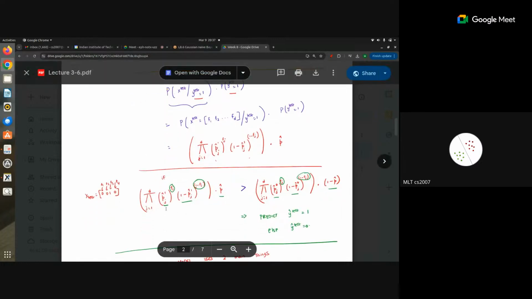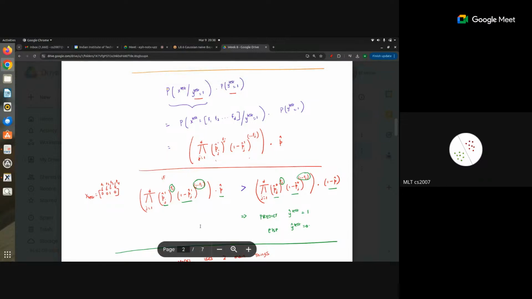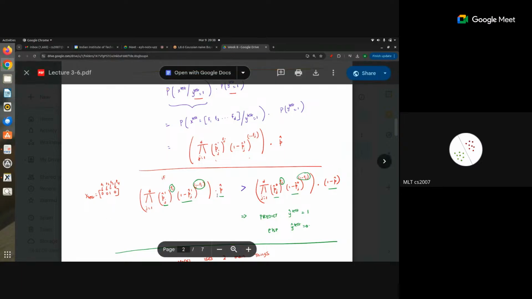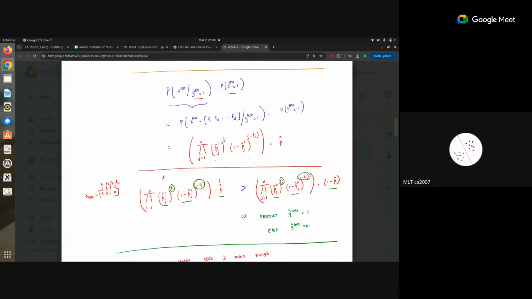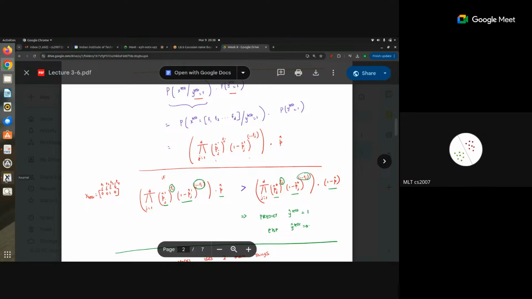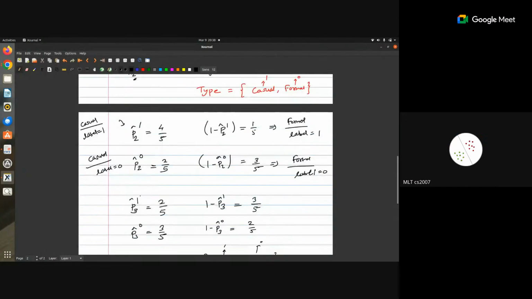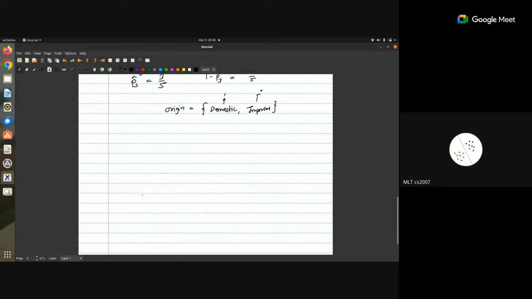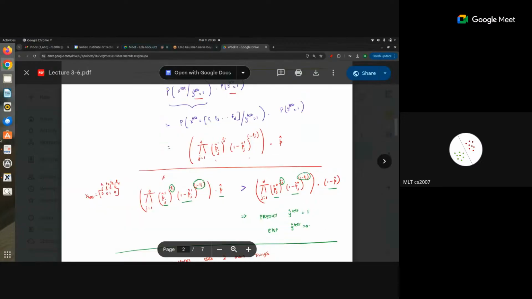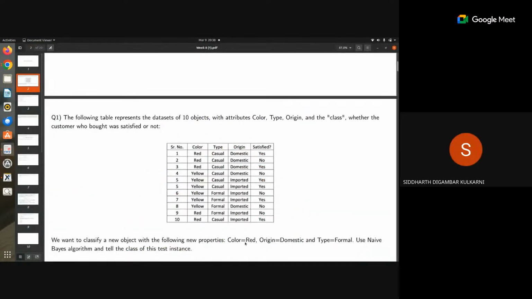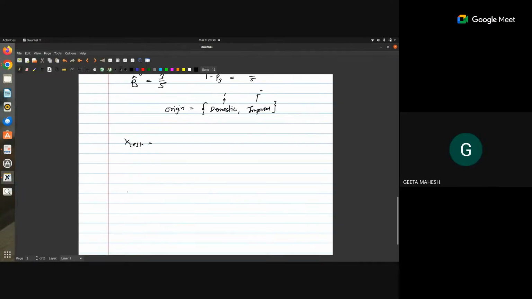The first feature, label 1, tells how many times it occurs in the test, and this is the probability of the label yes. So what is X test first? X test is red, domestic, and formal.